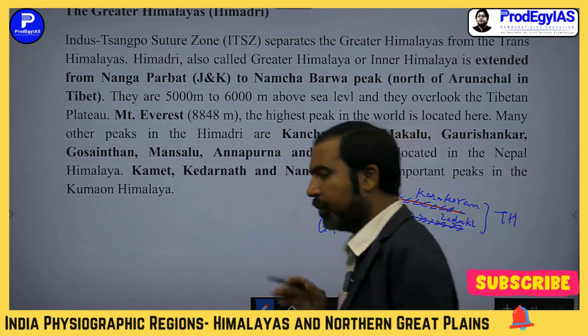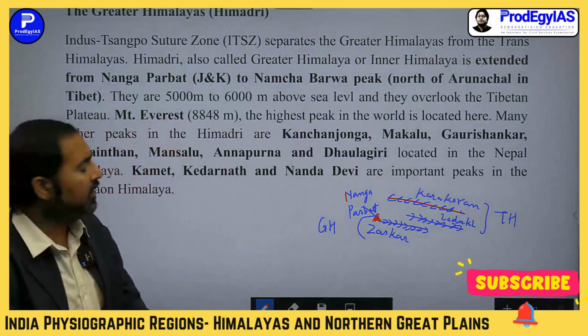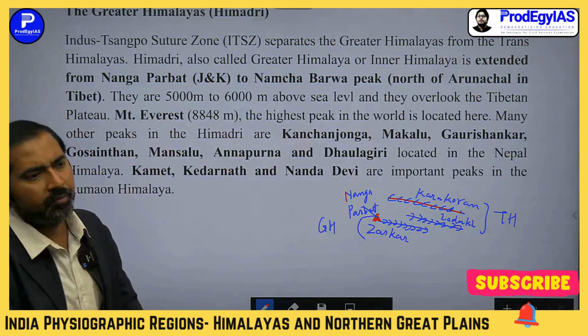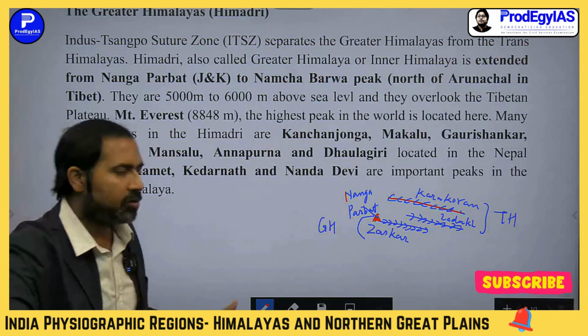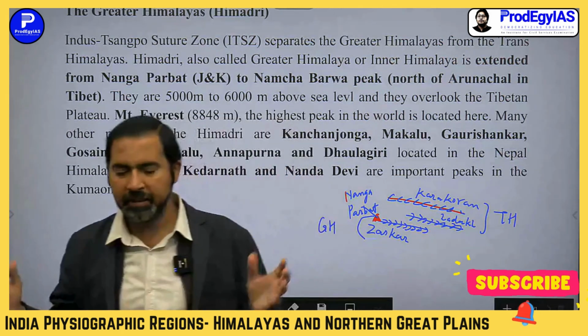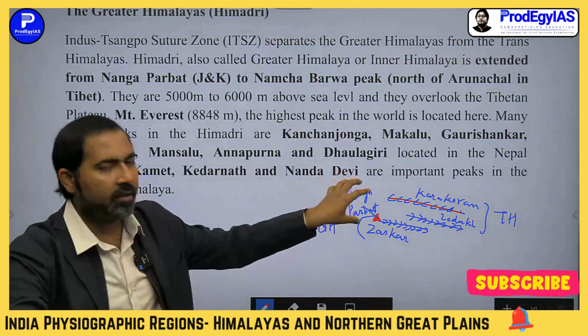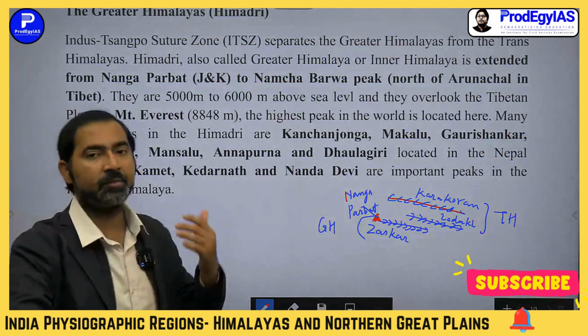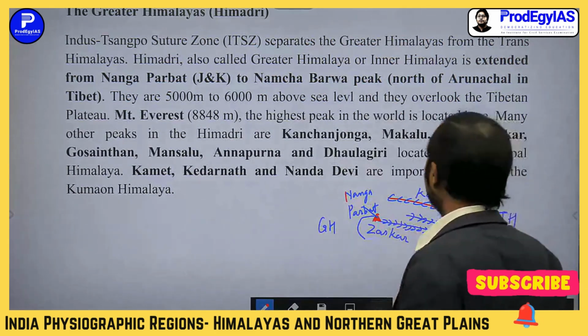You know that Nanga Parbat is the fastest rising peak in the world. Because the Himalayas are young folded mountains, they are always rising. So Nanga Parbat is the region which is rising at the fastest speed.